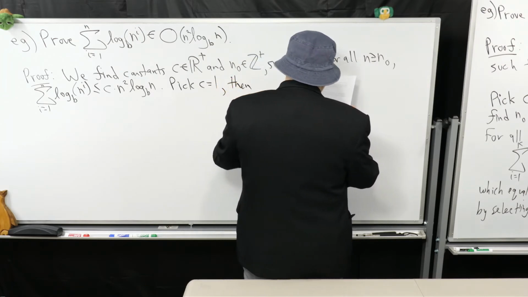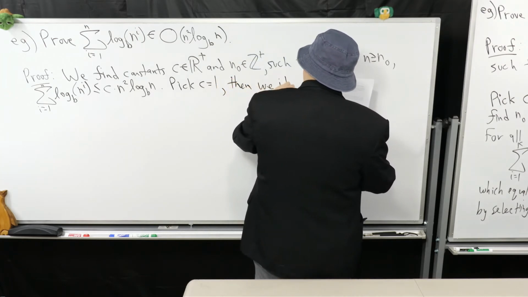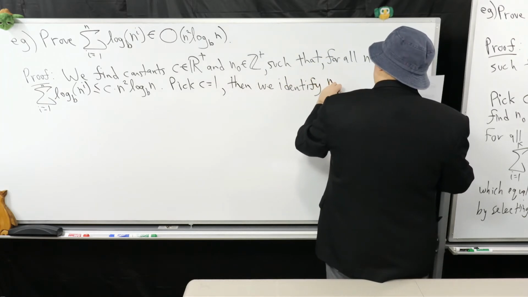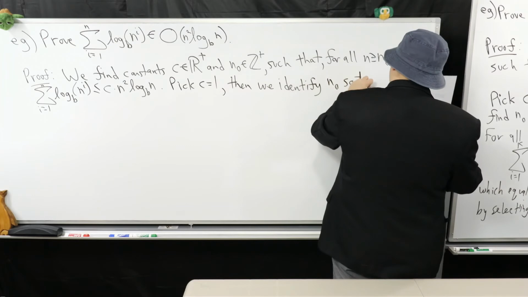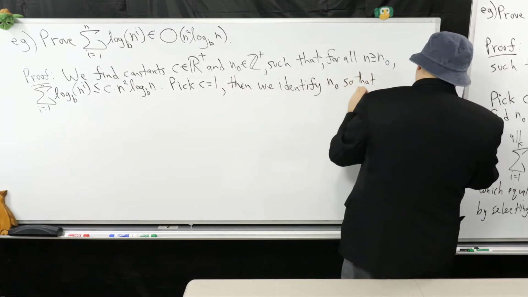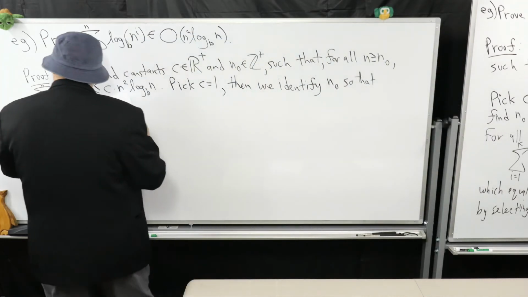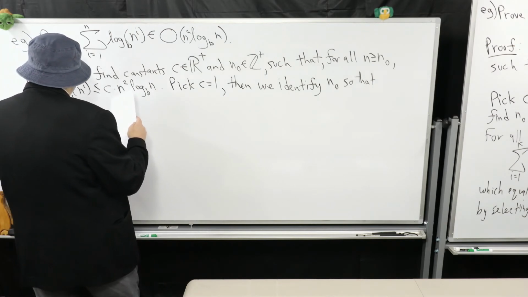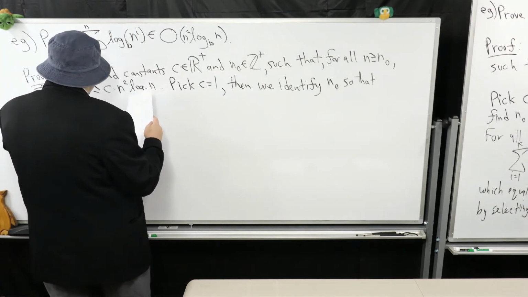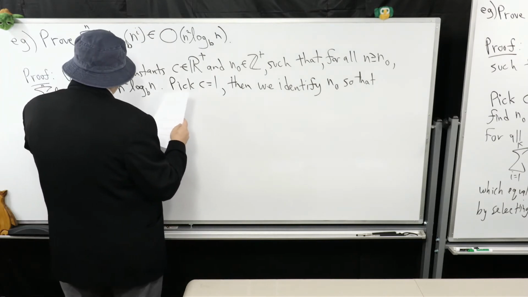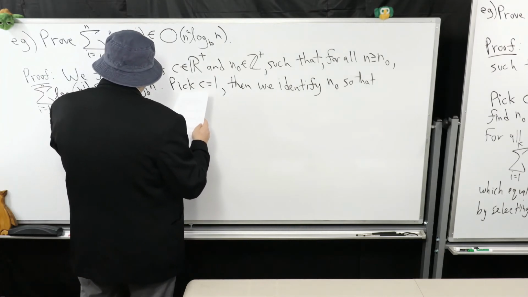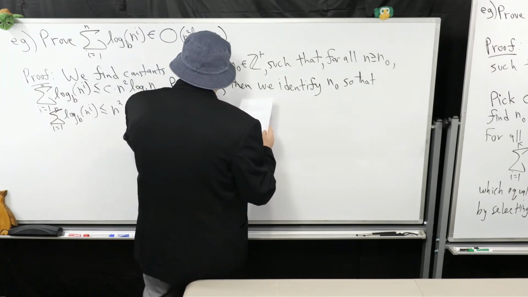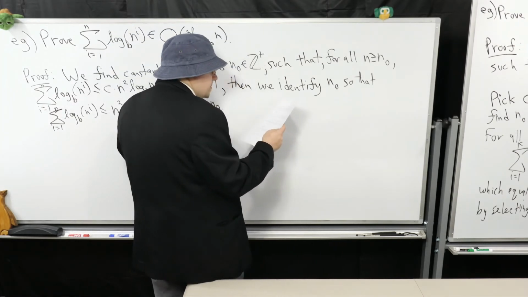Then we identify n0 so that the sum from i equals 1 to n of log base b of n to the i is less than or equal to n squared log base b of n for all n greater or equal to n0, right?